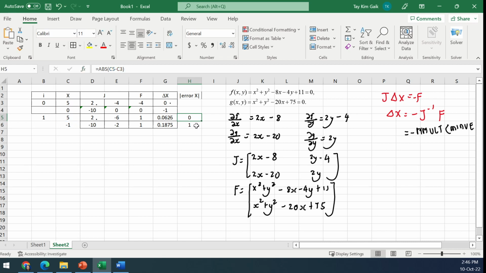That's why you can copy the formula down. You iterate until the vector x error is less than epsilon. In this case epsilon is 0.005, so this value is still greater than epsilon. Then we proceed to the next iteration.